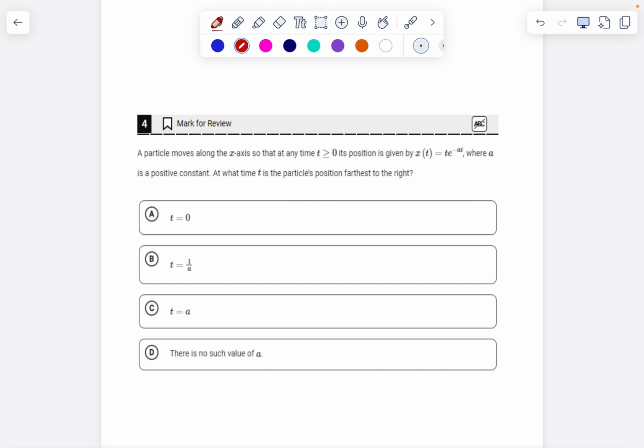If we could graph the position function, we might be able to tell, but we don't have a graph. So how do we know when the particle's moving left or right? When x prime of t is above 0. So if it's positive, it has moved to the right, and negative, moved to the left. Okay.